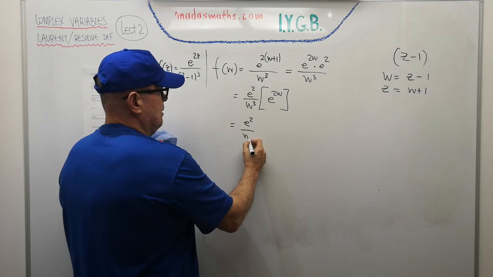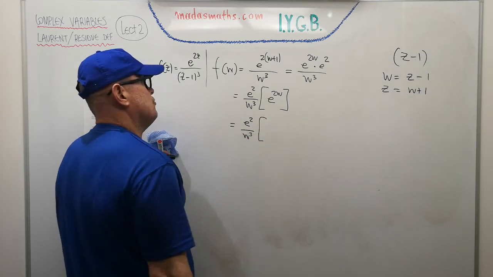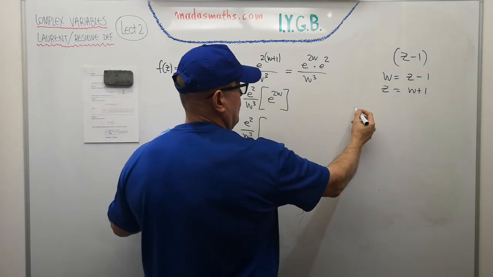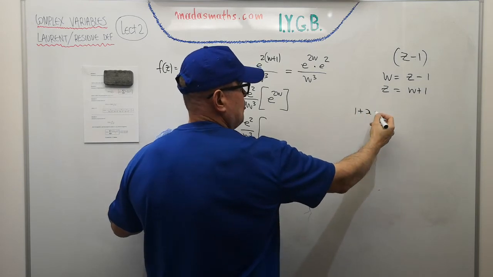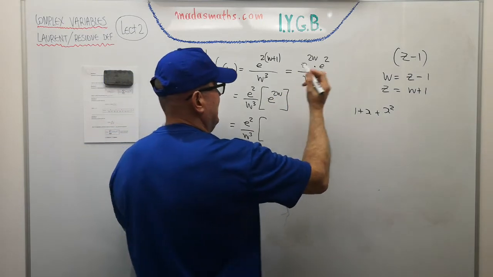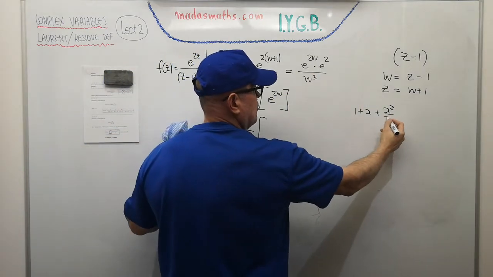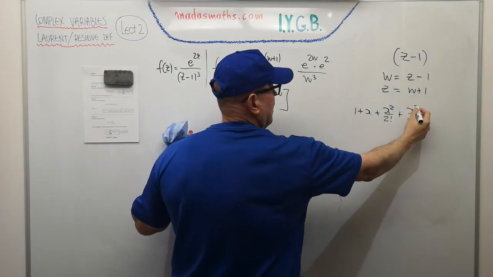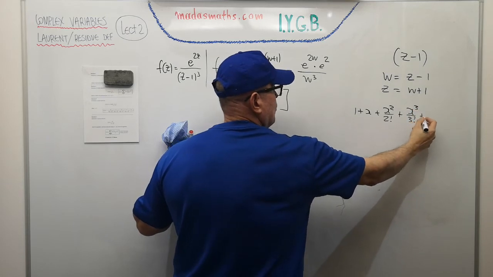E squared over w cubed. The exponential function is, of course, 1 plus x, sorry about that, because I've run out of letters, x, w, z's, and so on, plus x squared over 2 factorial plus x cubed over 3 factorial plus dot dot dot.